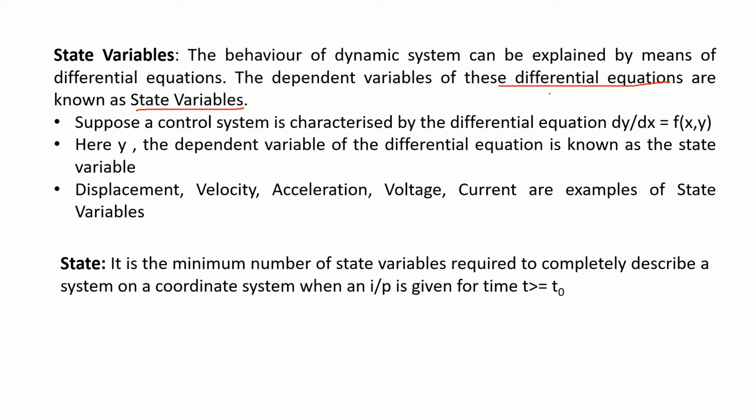In the transfer function approach also we were concerned about dependent variables, which we called output. Assume that a control system is characterized by a differential equation like this. This is a dependent variable. This we call a state variable.